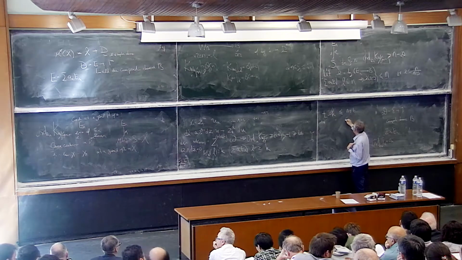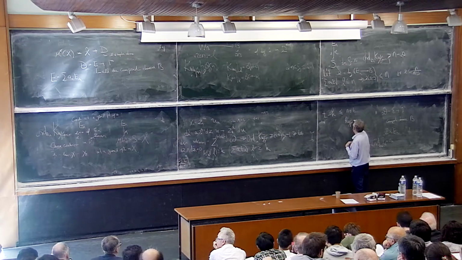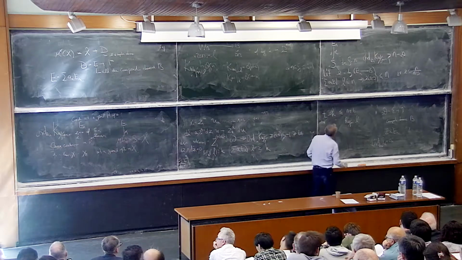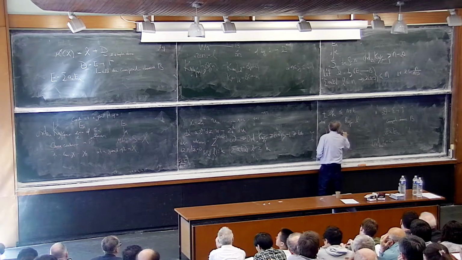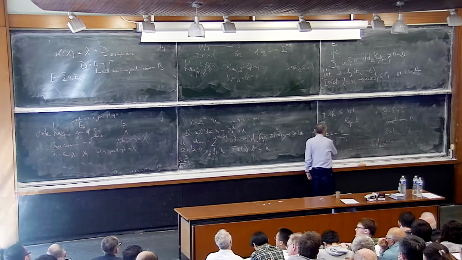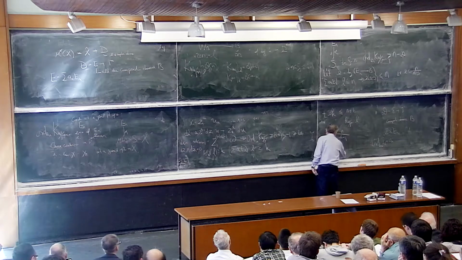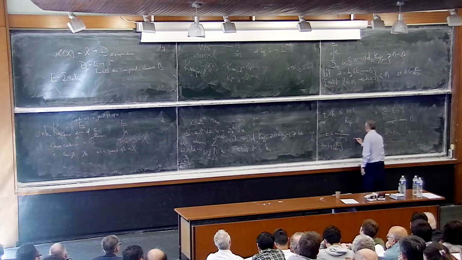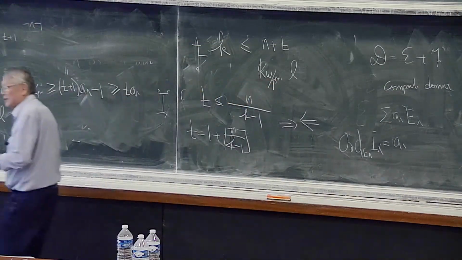This is, remember, the K_W, it's 1. And we find that t is less than or equal to n over k minus 1. But remember, t is equal to 1 plus n over k minus 1. And we get a contradiction here. So this is the proof.